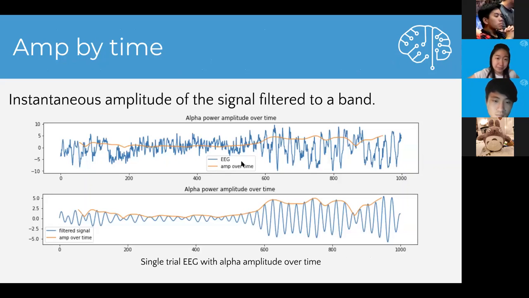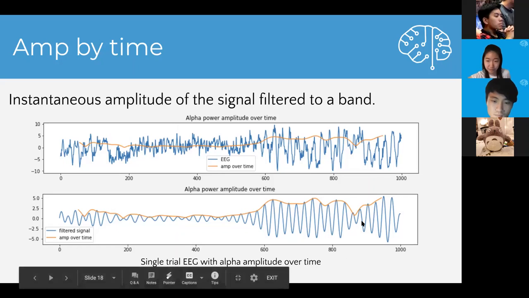Amp by time, you can think about as first filtering the signal to whatever band you want. In this case, alpha power, we filter it into just the alpha band, so you can see a smoother signal down here. Then what amp by time does is it basically hugs the signal on its amplitude over time.